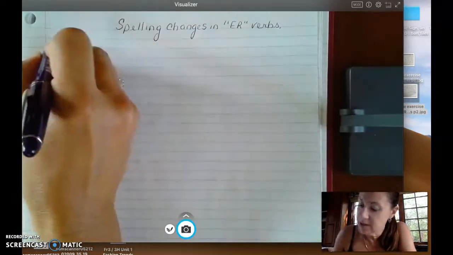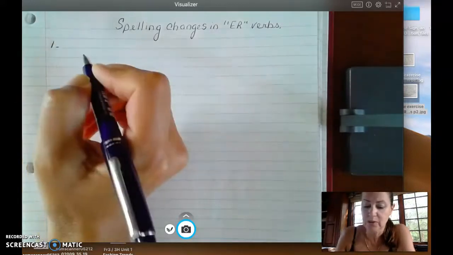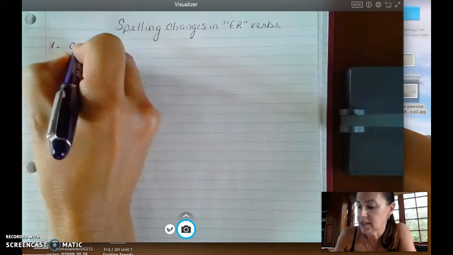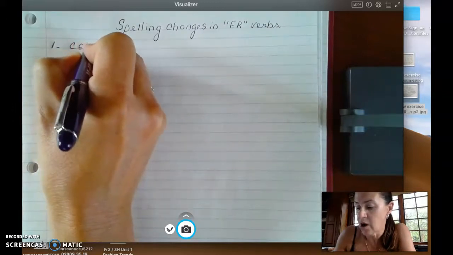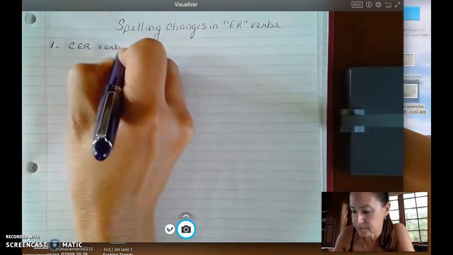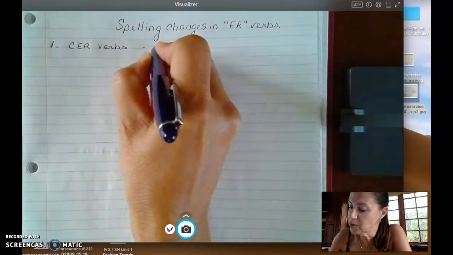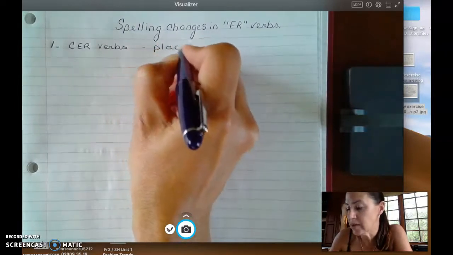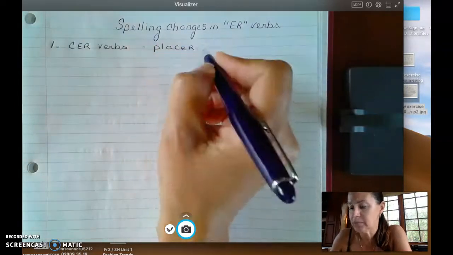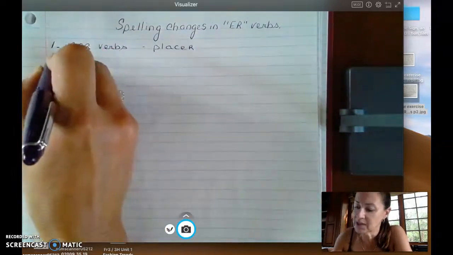The first one that we're going to talk about is CER verbs. An example of this would be the verb placer, to place something, to put something in its place.